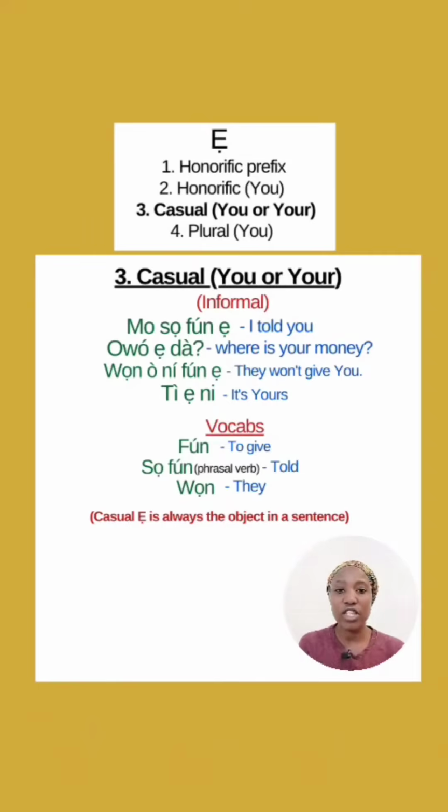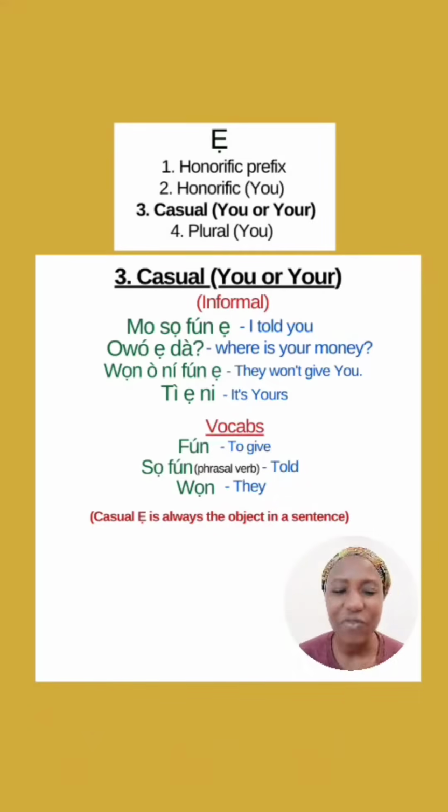If we look at the first example, mo sọ fún ẹ, I told you. I here is the subject and you is the object. So I is the one doing something to you. That is why you here is casual, is the object, and I is the subject.